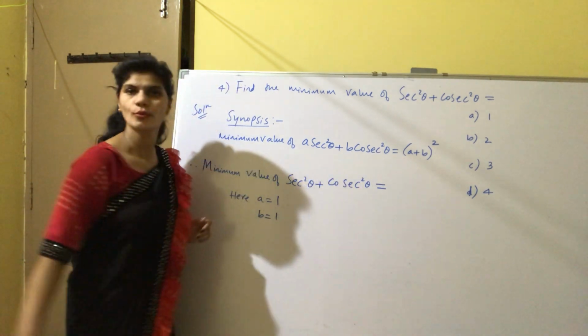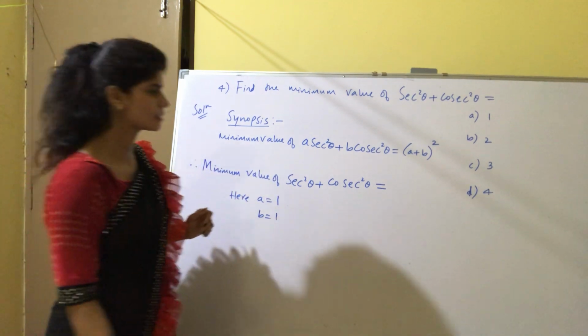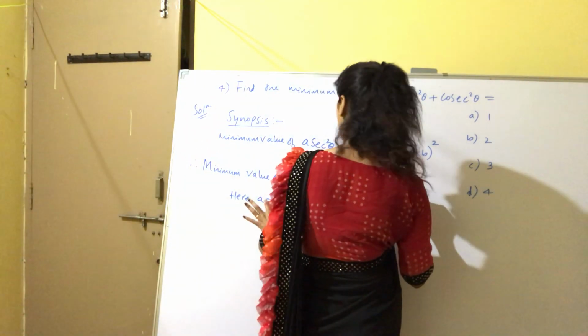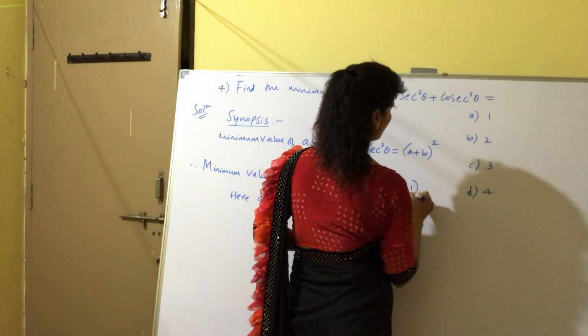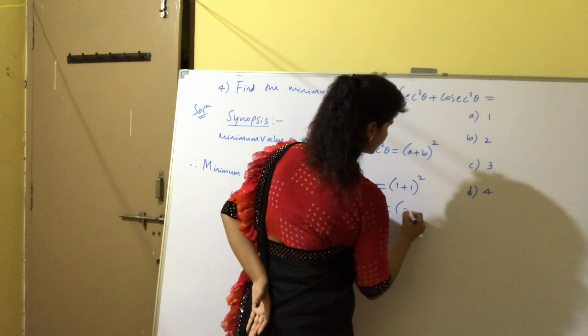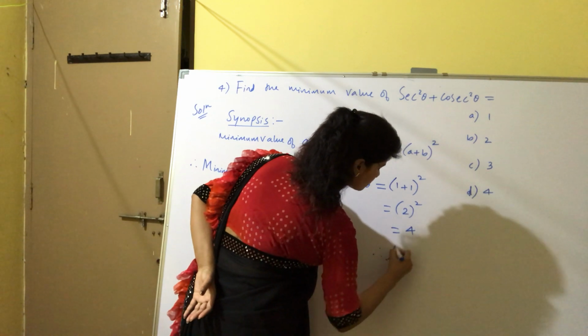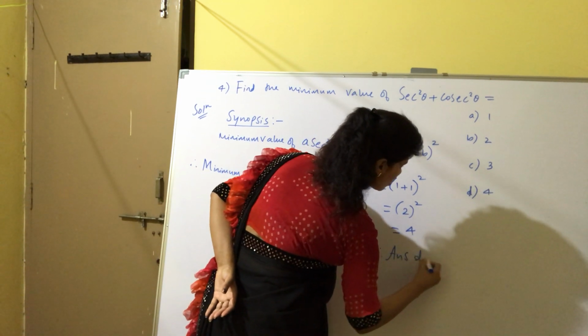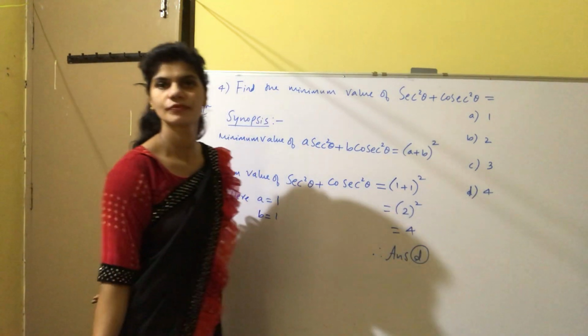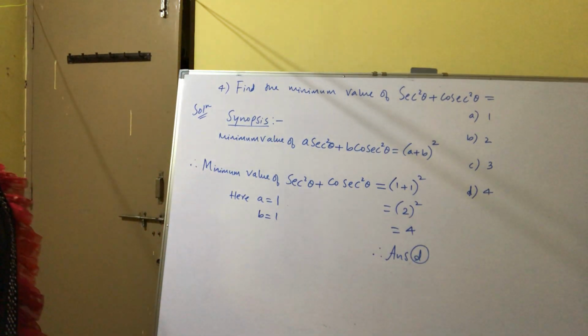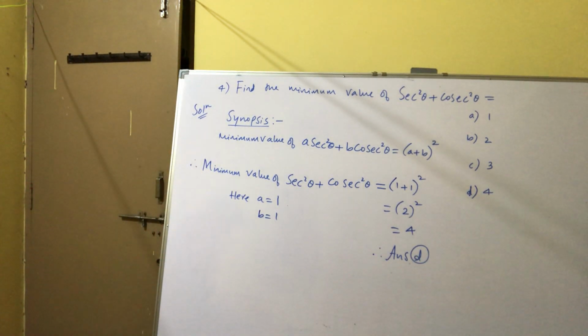B is also 1. So A plus B whole square: 1 plus 1, 2 square is 4. Therefore the answer is option D. Option D is your answer.